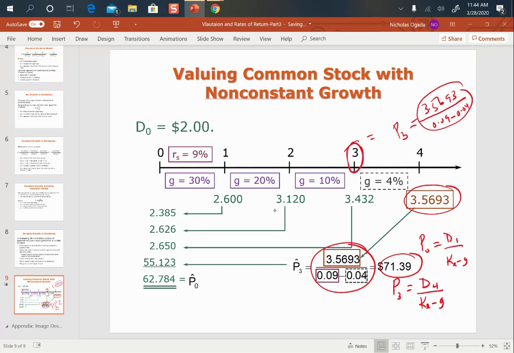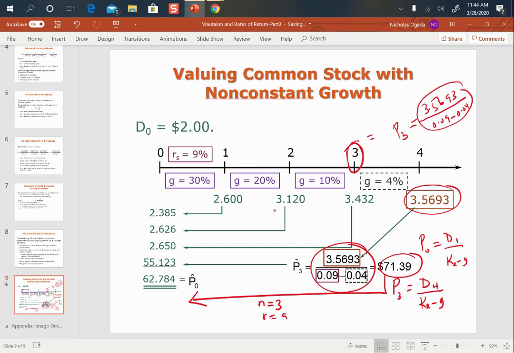And then, again using the present value concept, we say in 3 years' time I'm going to receive $71.39. So what's the value of 71.39 in today's dollars? You discount this back to the present, where your N is 3 and your R is 9%.